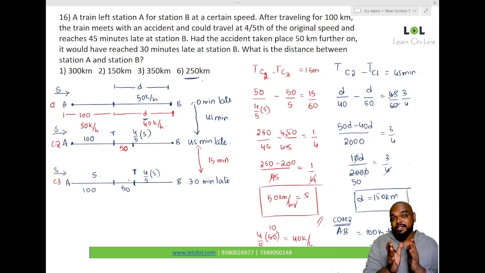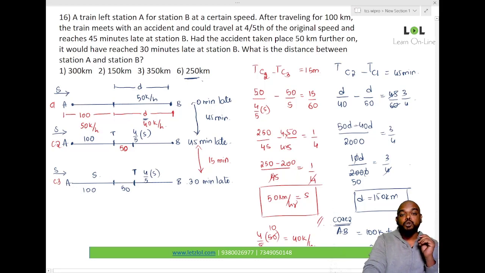In case 2, it is traveling at 4/5 of speed, whereas in case 3, it is traveling at original speed S. So in case 2, time taken, distance by speed, for that 50 kilometers, it travels at 4/5 of speed, minus in case 3, for that 50 kilometers, it travels at original speed S. That is equal to 15 minutes. We can write it as 15 by 60 hours. So if we solve this complete equation, we'll get S value, that is original speed, as 50 km per hour.